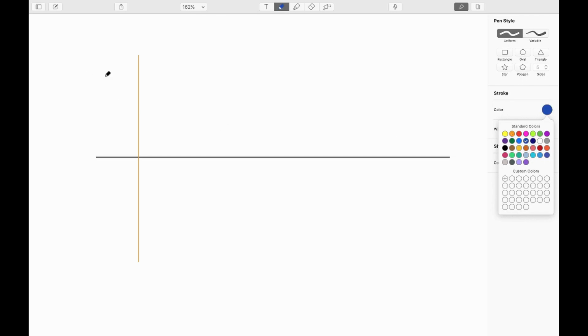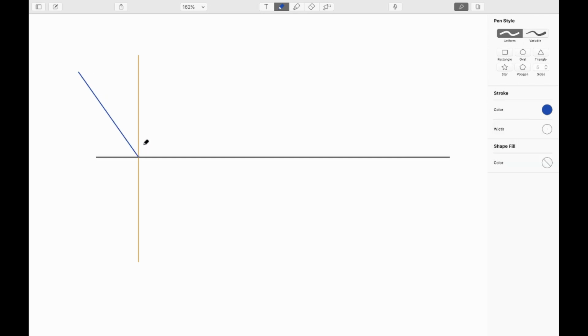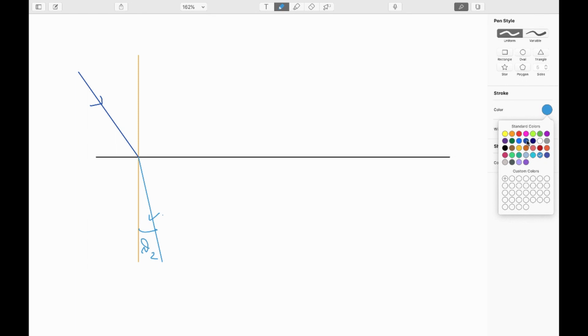We'll make it blue. And we'll make my refracted ray light blue, just so we can tell them apart. Okay, so this angle here is our theta 2, and this angle here is our theta 1.